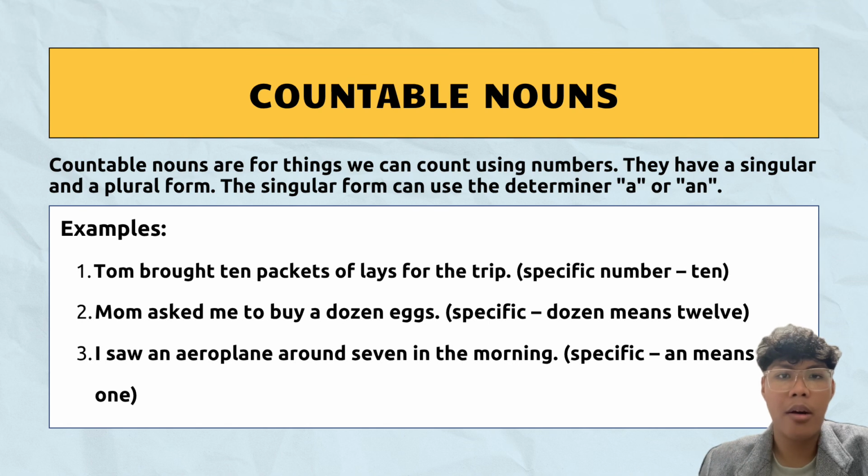And then, I brought 10 packets of Lays. 10 is a specific number which we can count. And then a dozen eggs. A dozen eggs means 12 eggs. So basically, a countable noun will have a specific number of an object which we can count.